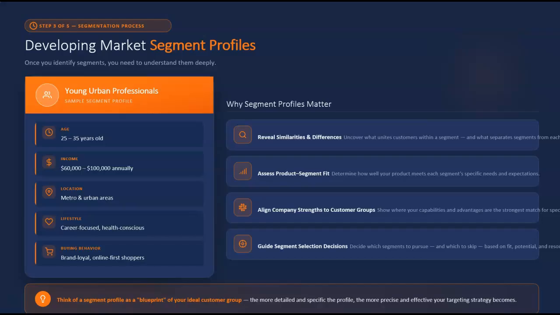They assess product-segment fit, determining how well your product meets each segment's specific needs and expectations. They also align company strengths to customer groups, showing where your capabilities and advantages are the strongest match. They guide segment selection decisions: which segments to pursue and which to skip based on fit, potential, and resources. Think of a segment profile as a blueprint for your ideal customer group. The more detailed and specific the profile, the more precise and effective your targeting strategy becomes.